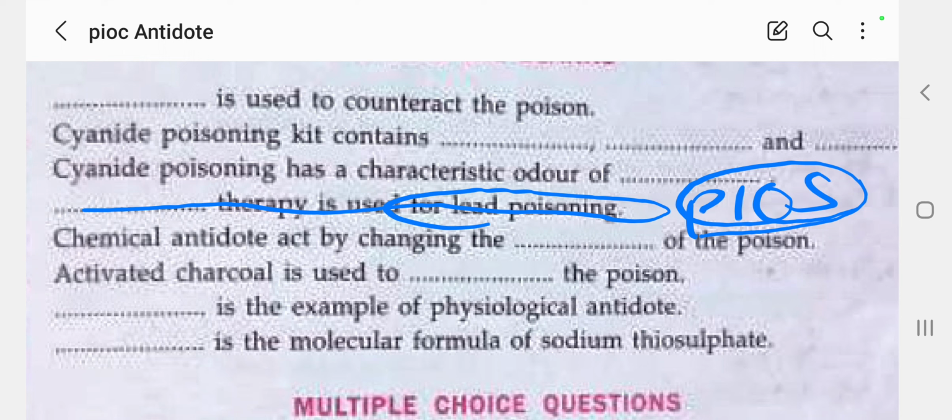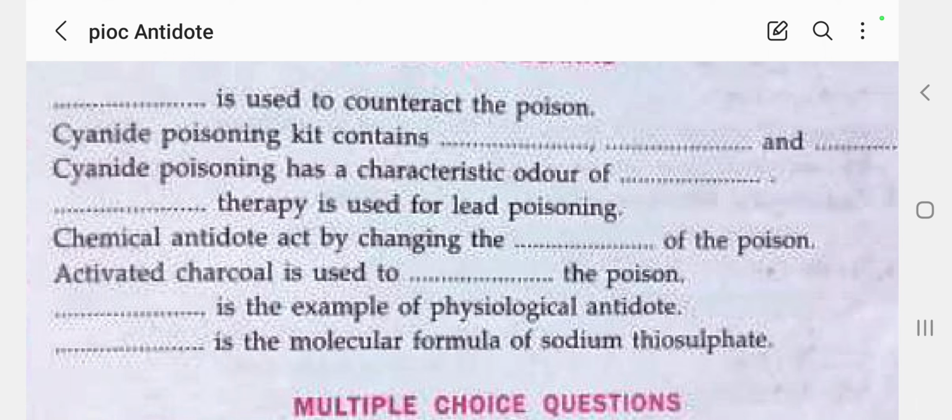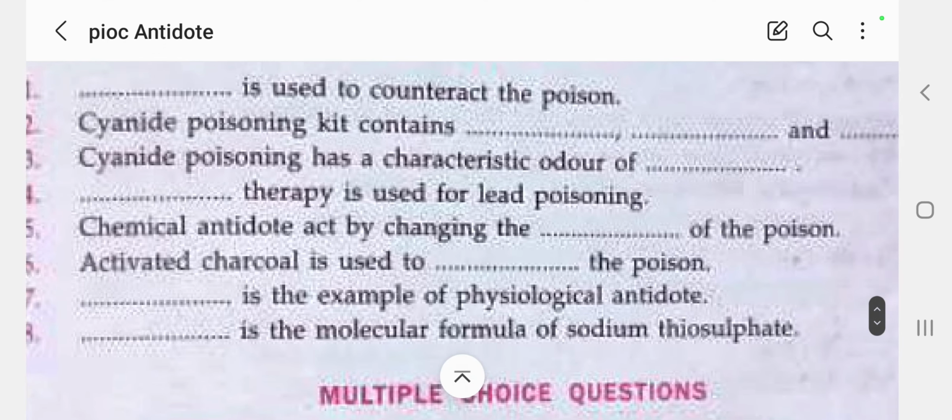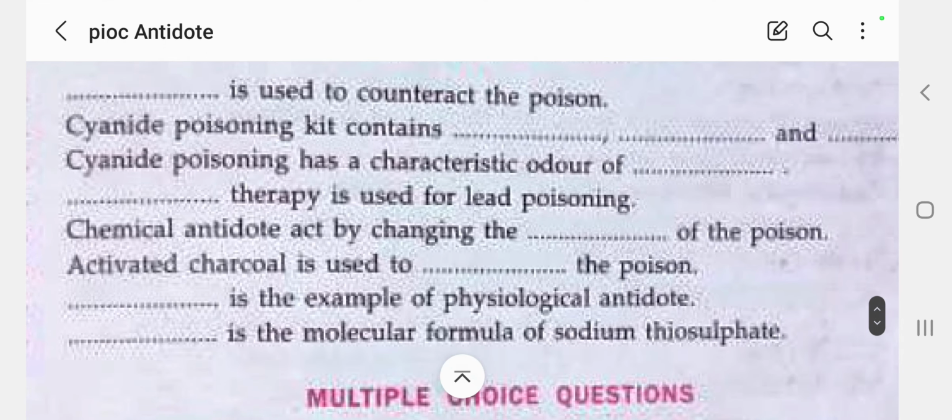So these two make chelation or complex formation. So that is nothing but chelation therapy. So mainly for lead poisoning, chelation therapy is used.